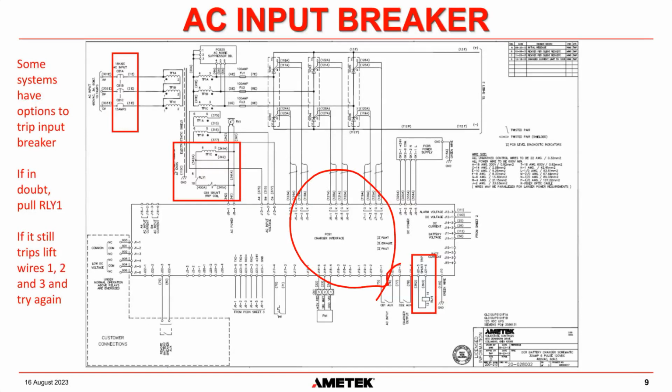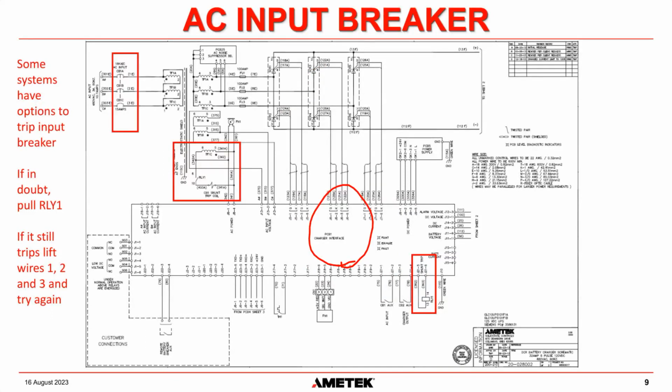In this circumstance, it's connected to the high voltage DC alarm. So basically, if the system sees high voltage DC at this point, it will actuate this relay.